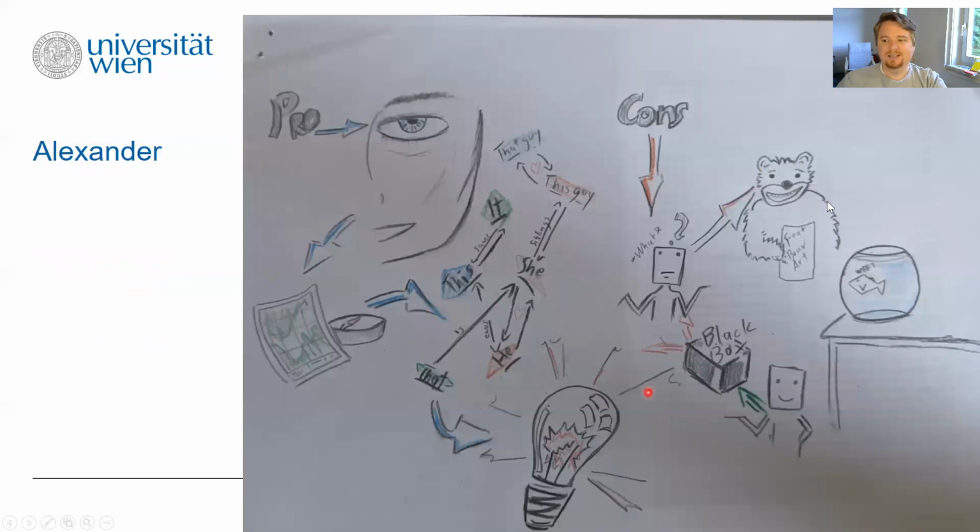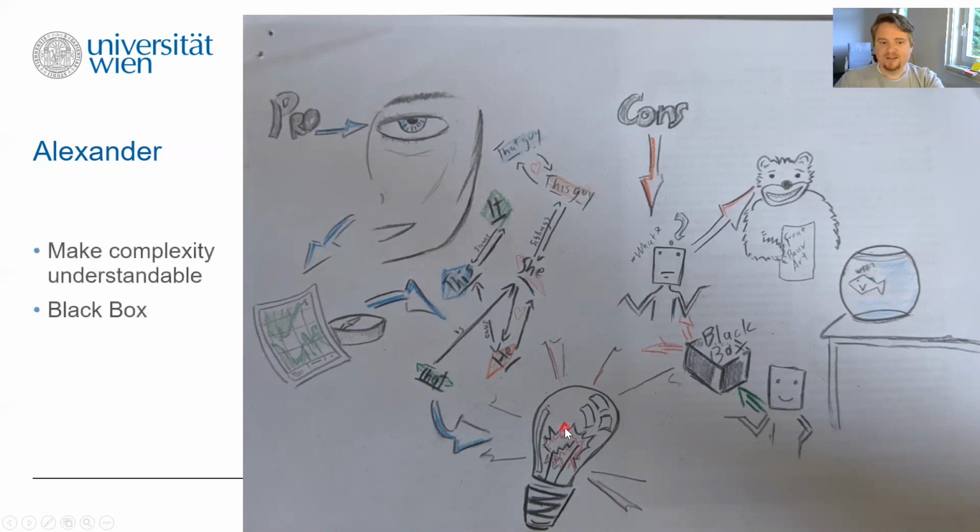Alex, you were drawing this picture starting with the pros and then ending with the con. I read this picture like this: through visualization, we can combine a lot of complex content and relations, and make it understandable. So make complexity understandable.